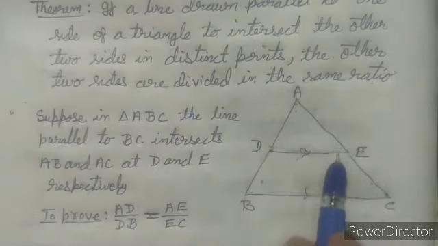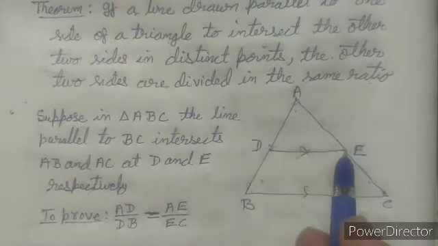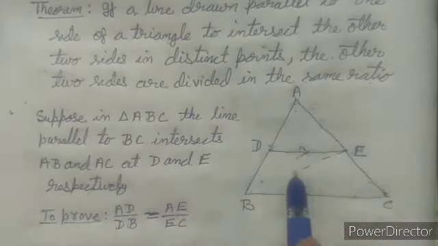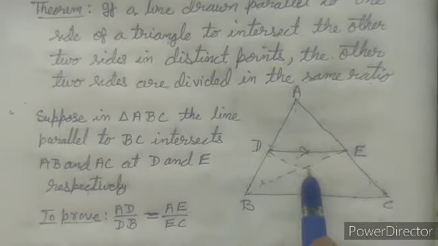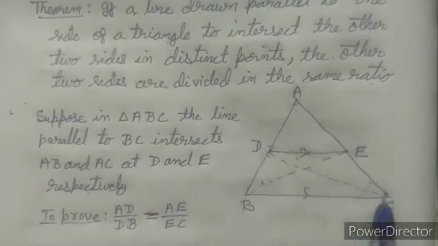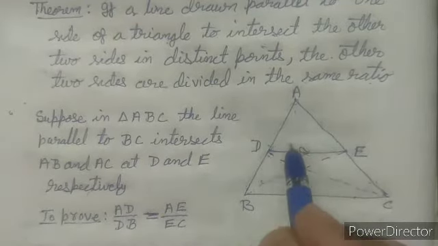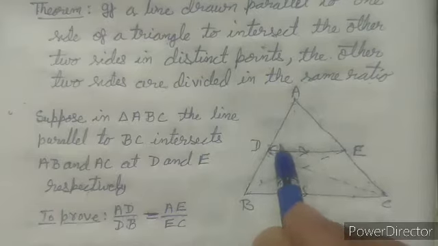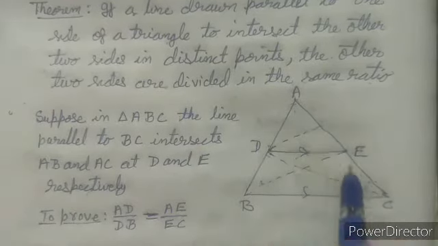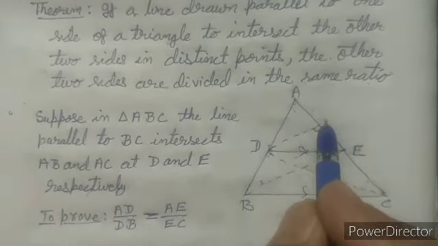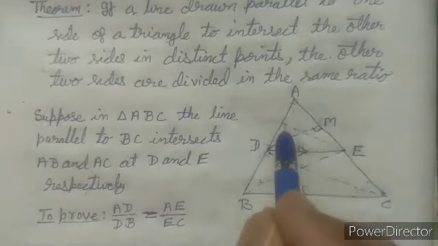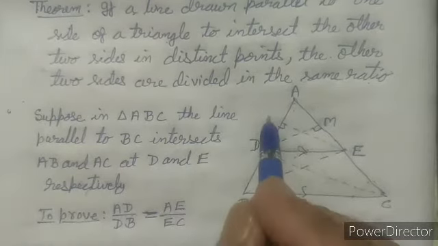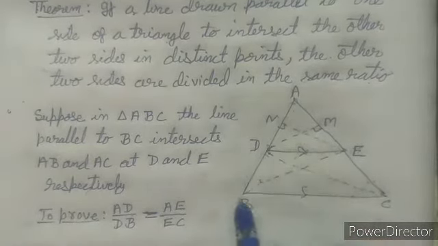In order to prove this, first of all we will join BE and DC. Draw perpendicular from D on AC, and this perpendicular is suppose DM, and perpendicular EN from E on AB.